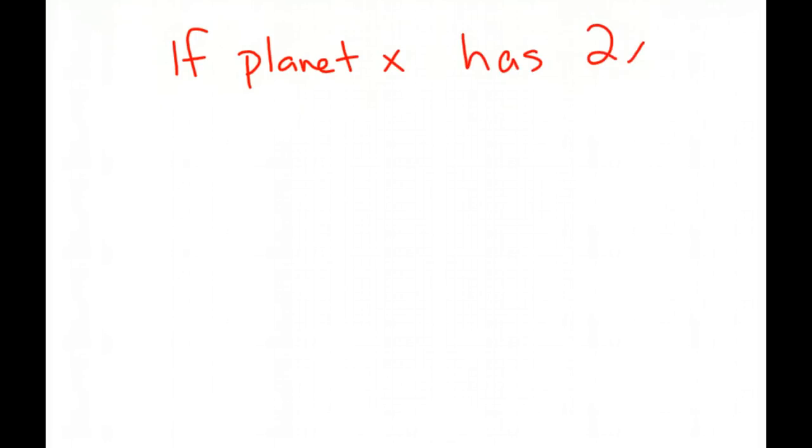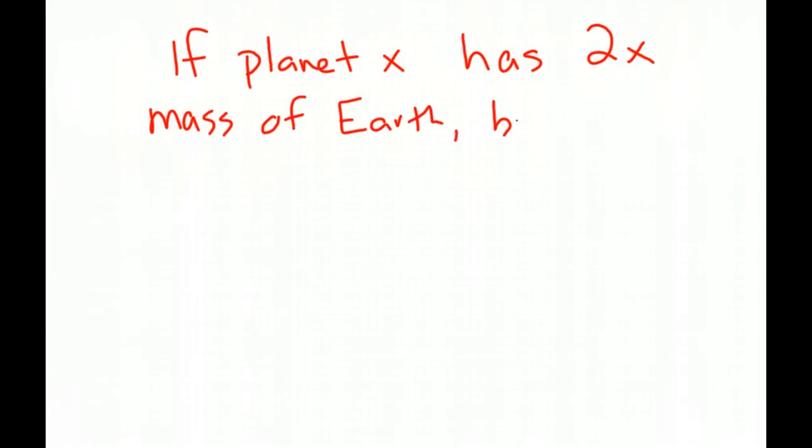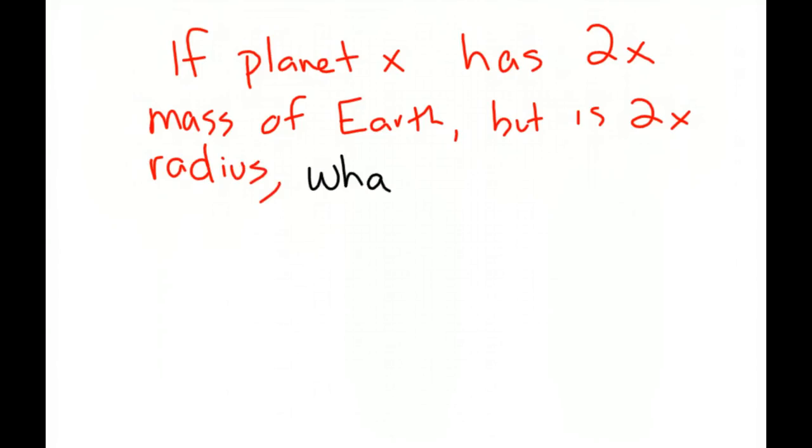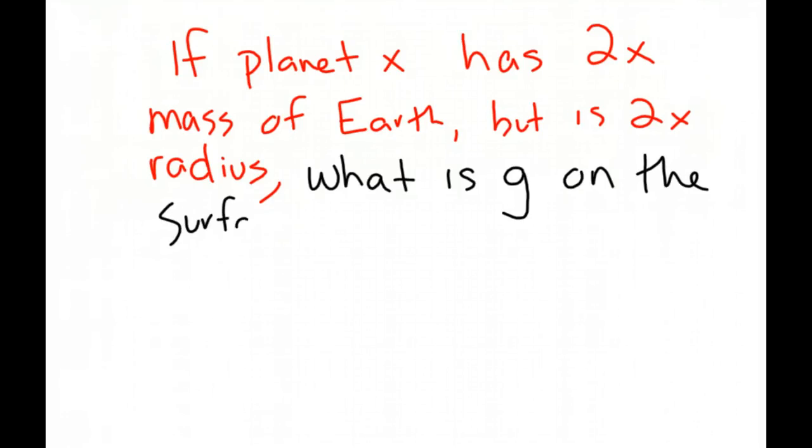And so this leads us to our final question of the video, which is, if we had a planet, call it planet X, which has twice the mass of Earth, but is twice as big, so that is 2 times the radius, what would be the acceleration of gravity on the surface of that planet?